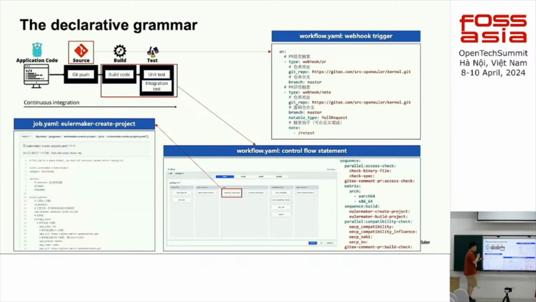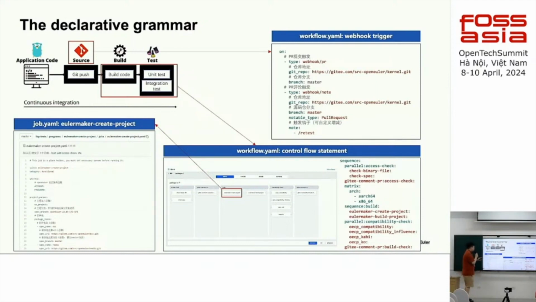So it's not limited how many jobs are parallel, or how complex the structure is. Some declarative grammars used in GitHub Actions or others basically limit the structure's complexity. So this kind of grammar will just make it unlimited.